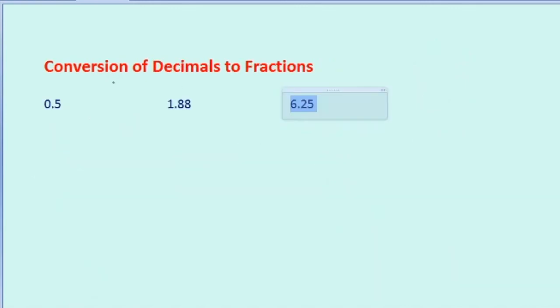Next, let's move to conversion of decimals to fractions. How to convert decimals to fraction? Our decimal here is 0.5. So what I do, you write here 5. Now this is divided by, after the point, how many decimals you have? 1 decimal, right?